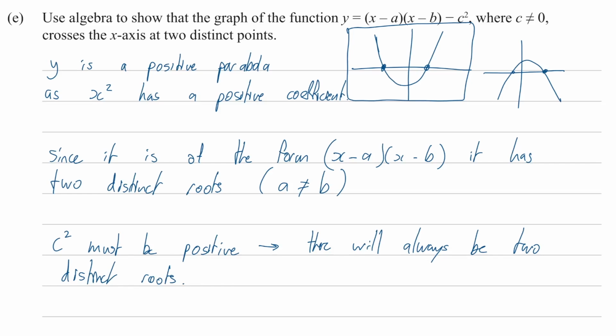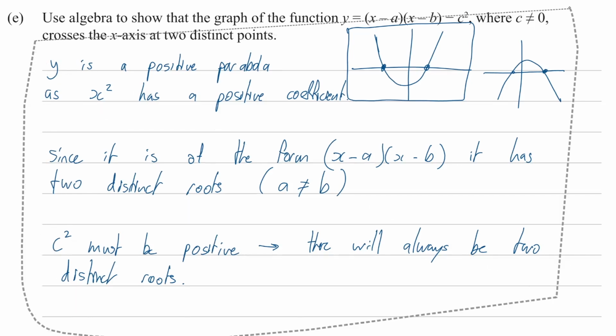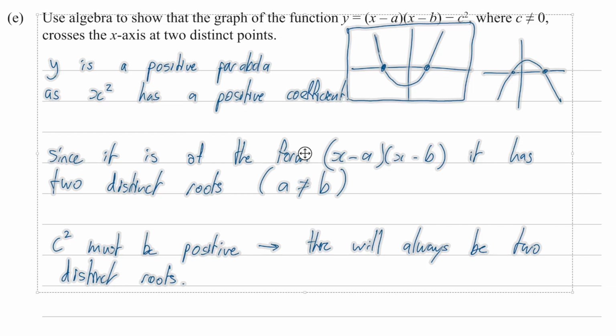And so we've justified, purely from our knowledge of parabolas in the graph of this quadratic, that there will be two distinct roots, right, or x-intercepts. So that's one method. It will get you full marks. It might make a bit more sense to some of you, but let's show it algebraically.